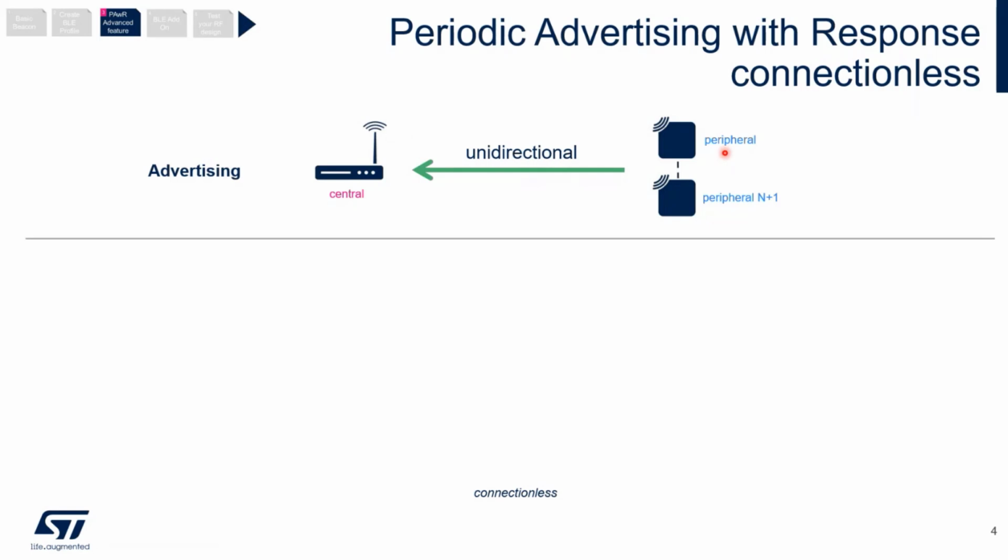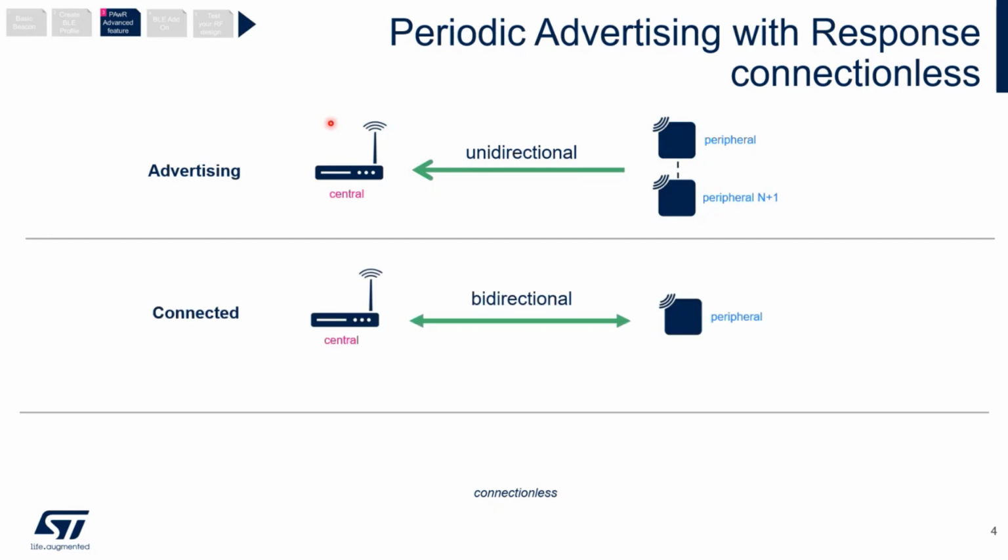And this is what we have done in the beacon and in the P2P server, to broadcast some data over the air to allow a central device to read your data, to say that you are here, and later on it will be able to connect. This is really efficient, simple to put in place, but unidirectional. Here you can only push data from the peripheral to the central.